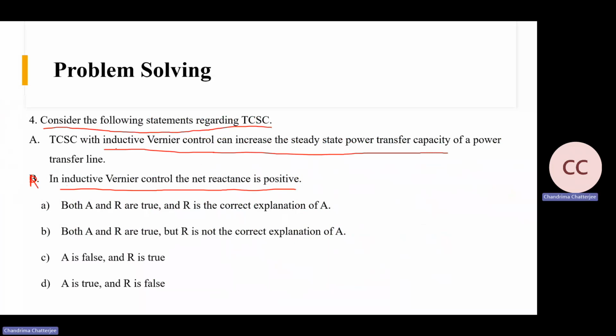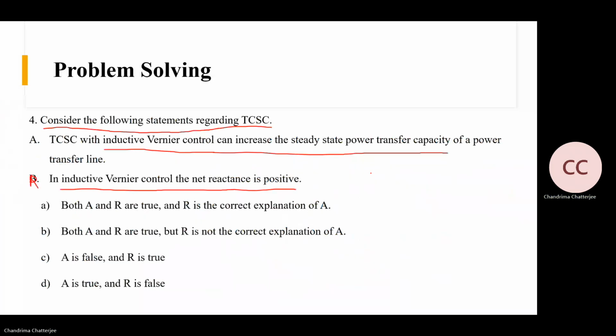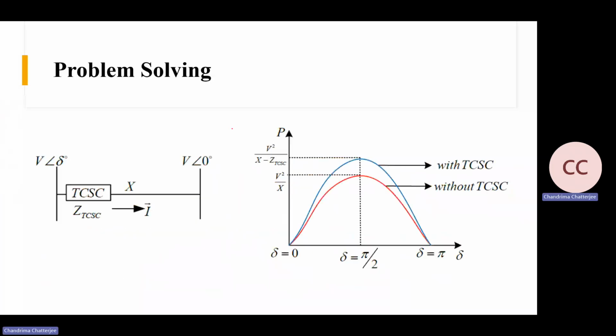But the first statement tells that in inductive Vernier control, the steady state power transfer capacity can be increased. That is not true. Why? Suppose this is a TCSC compensated line.